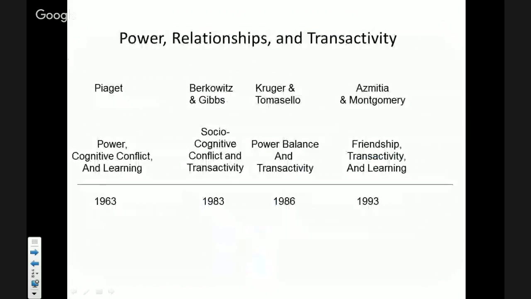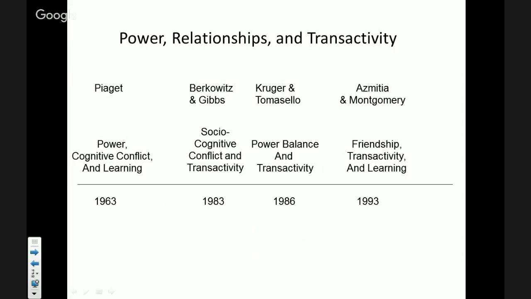But if you look at the history of how this idea has been discussed and represented in the literature, beginning with Piaget and his discussion of power balance and cognitive conflict, and how there should be a balance between two students or a student and some external stimulus in order to create the conditions under which cognitive conflict is likely to occur.